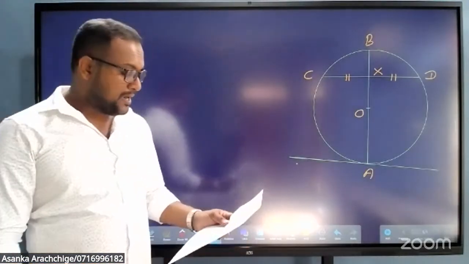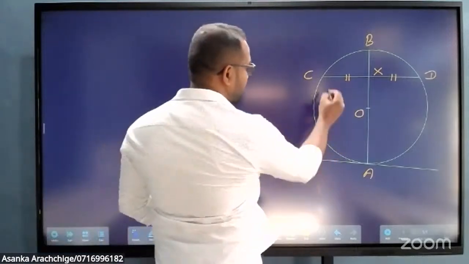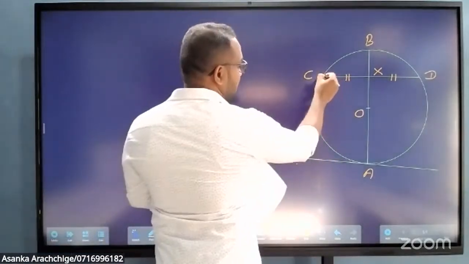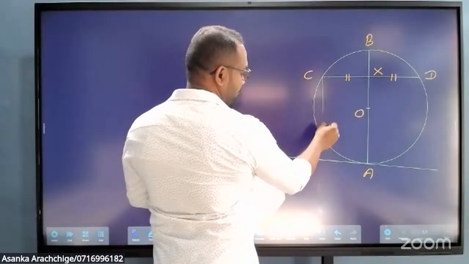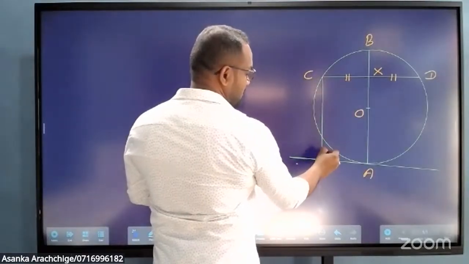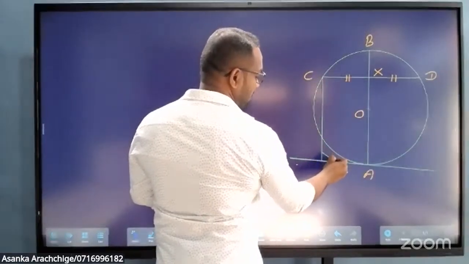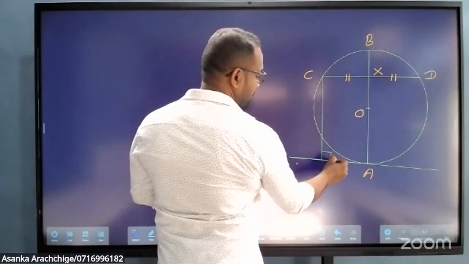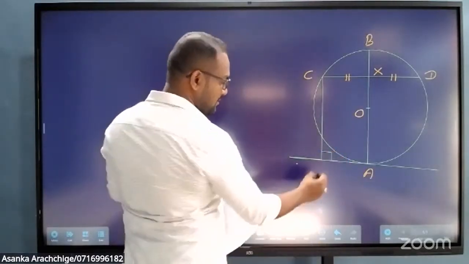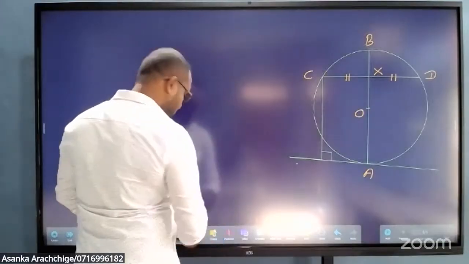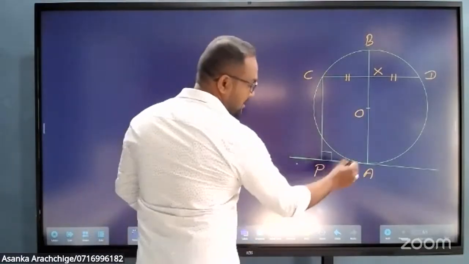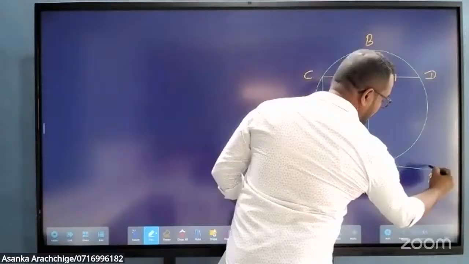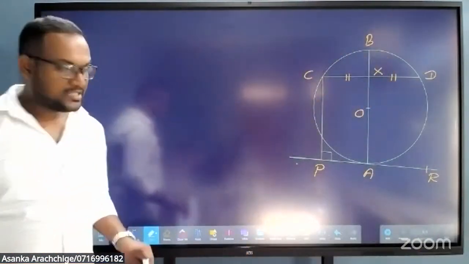CP is perpendicular to PAR. This is CP. This is PAR. Clear?